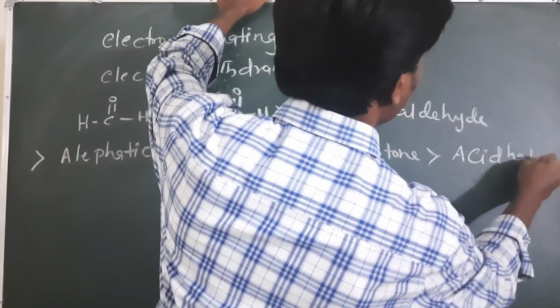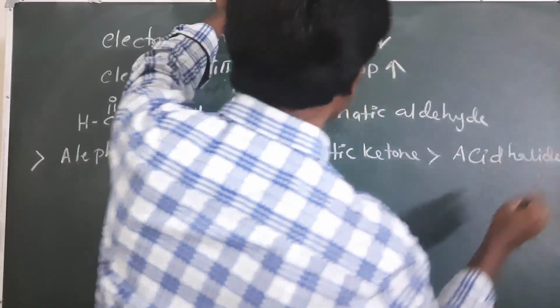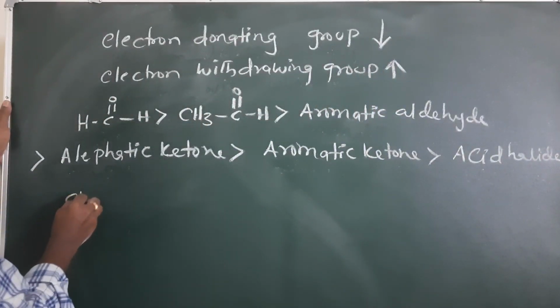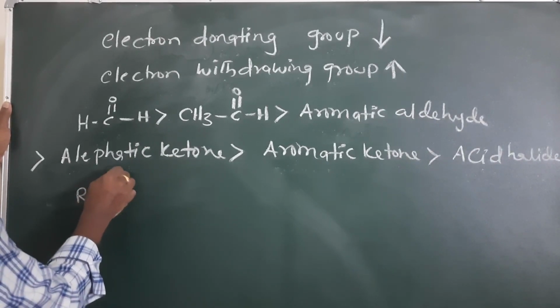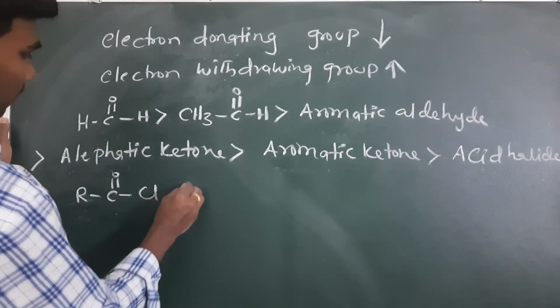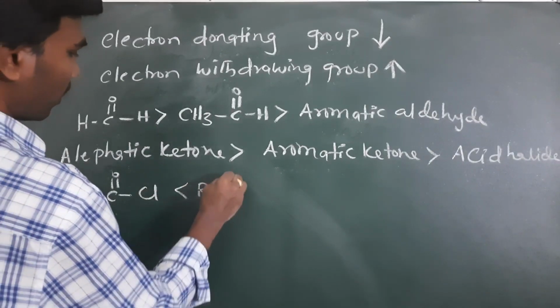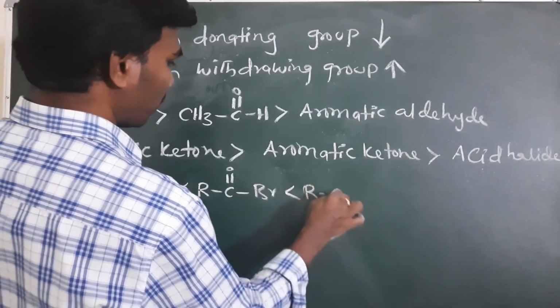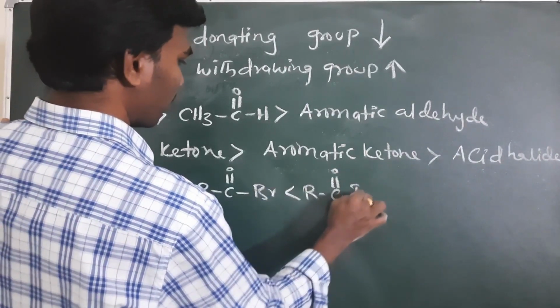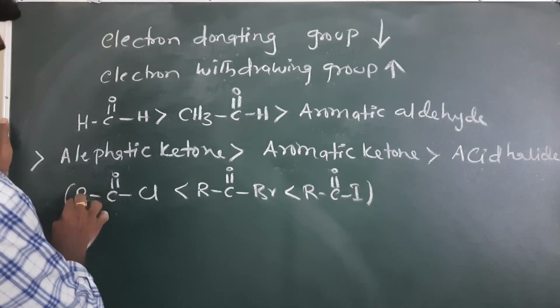then acid halide. In this, acid halides exclusively: RC=O Cl, RC=O Br and RC=O I will come. This is the order of acid halides.